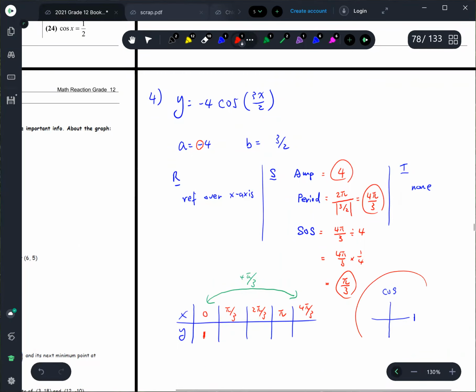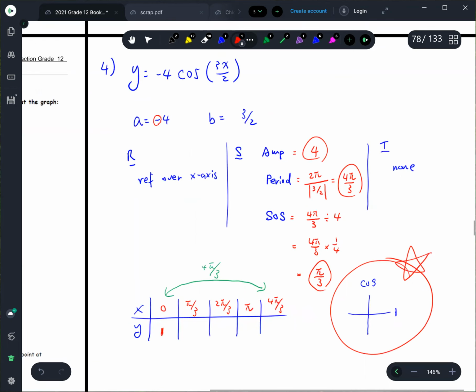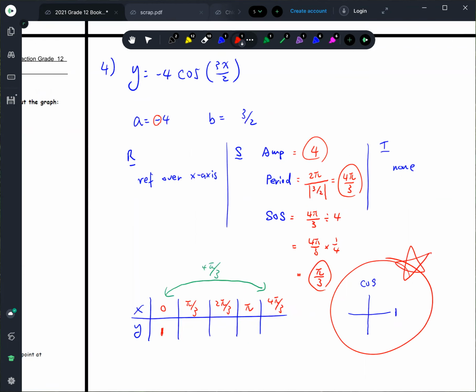Right, you look at this cross, angles on the axis. Do you know what it is?